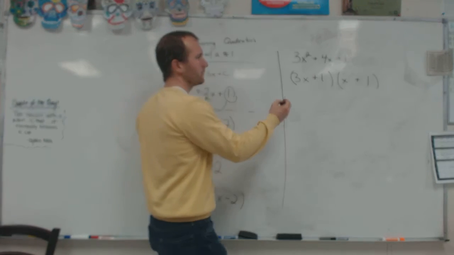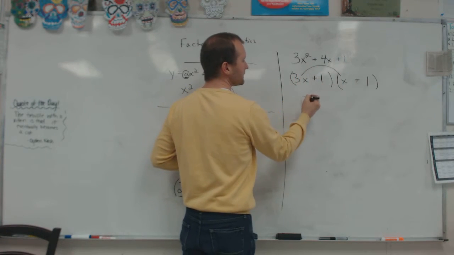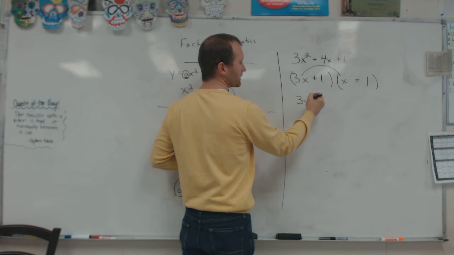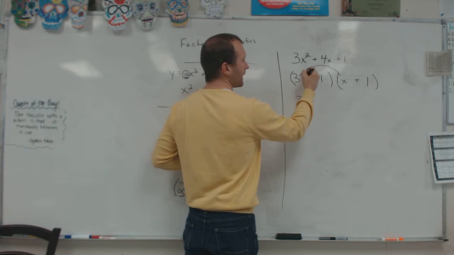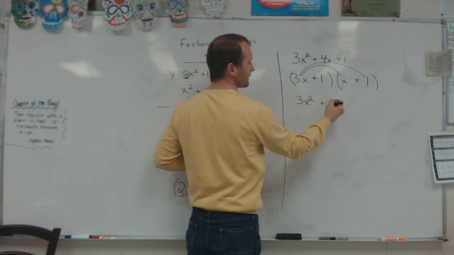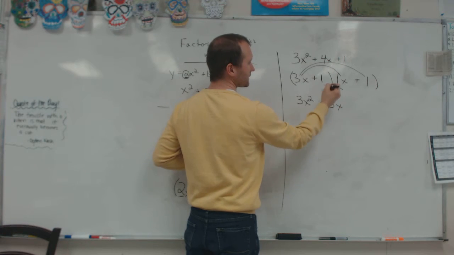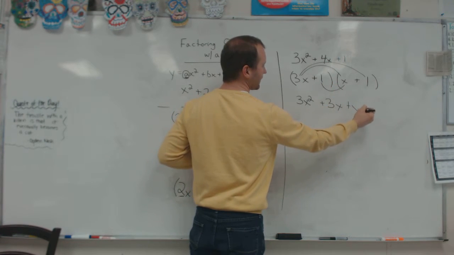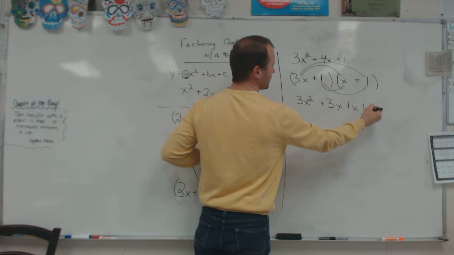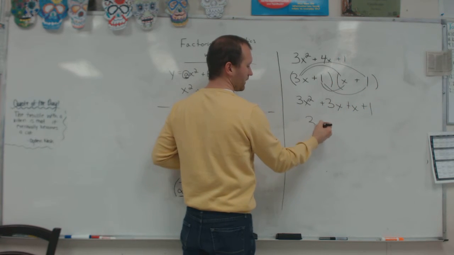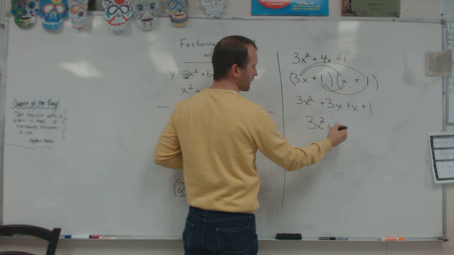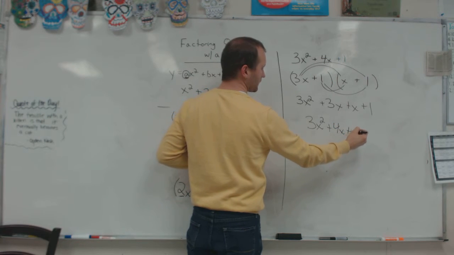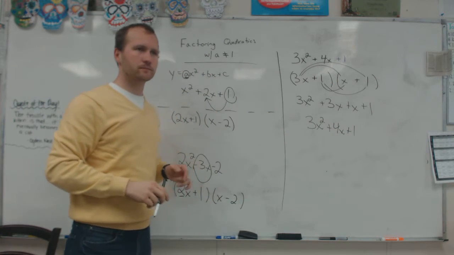Does this work? 3x times x is 3x squared. 3x times 1 is 3x. 1 times x is x. And 1 times 1 is 1. So we got 3x squared plus 4x plus 1.